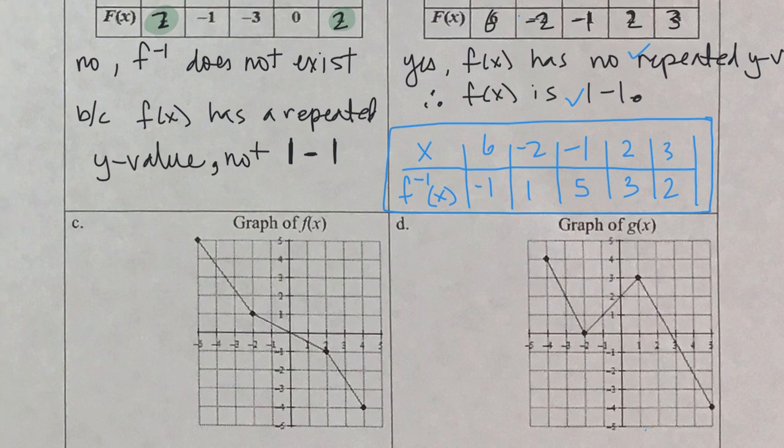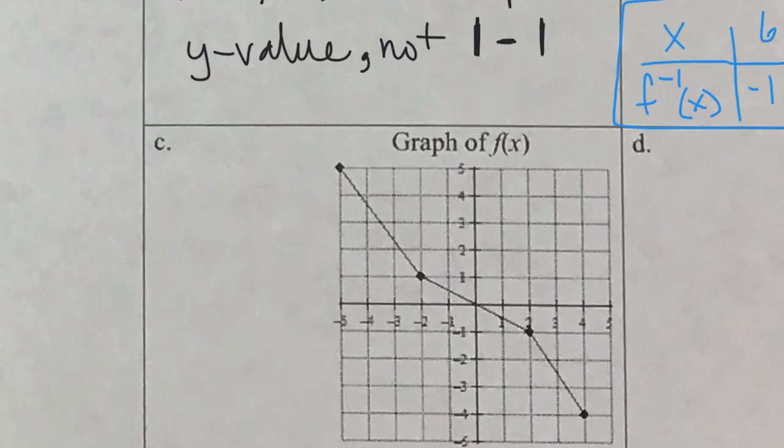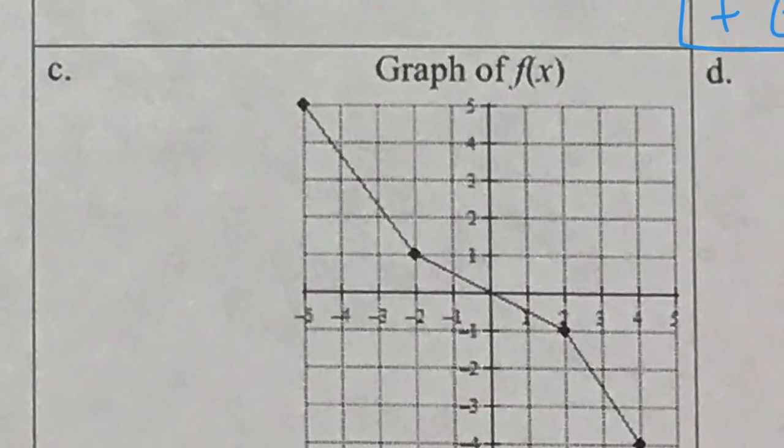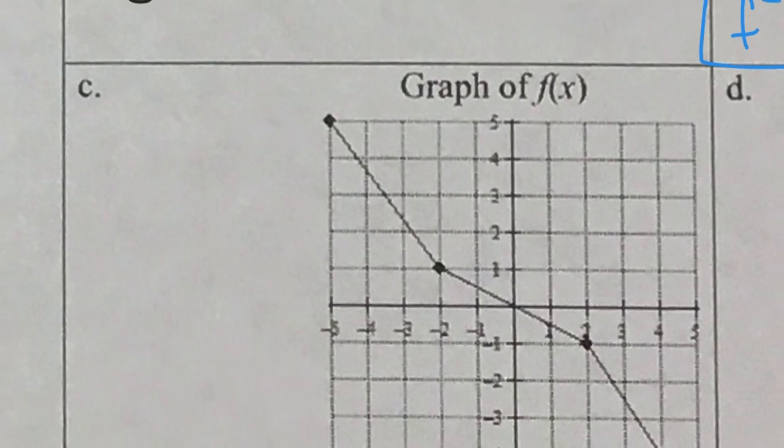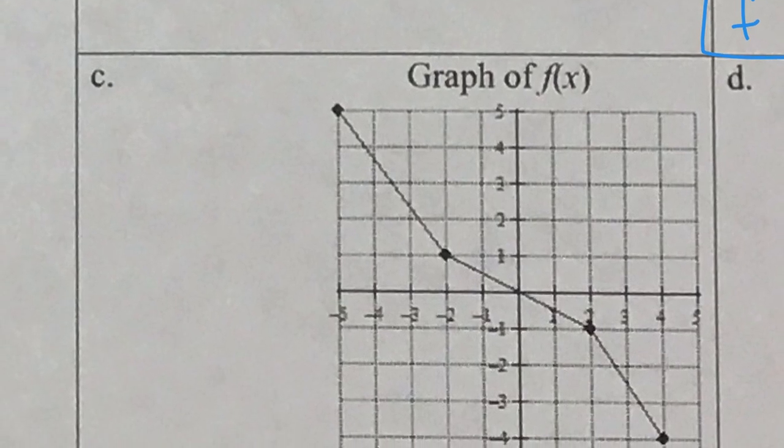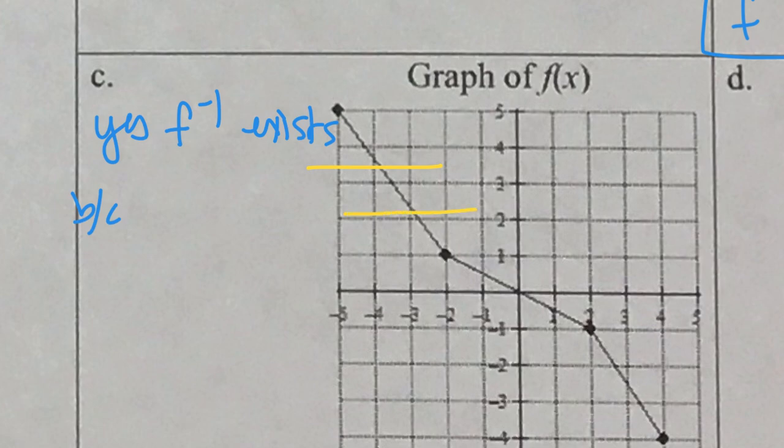Let's look at this graph here, our nice, not very clear graph. Does an inverse exist? We would say yes, f inverse exists, because if it's a graph, we have to apply the horizontal line test. If we draw a horizontal line anywhere on our graph, how many times does it cross?